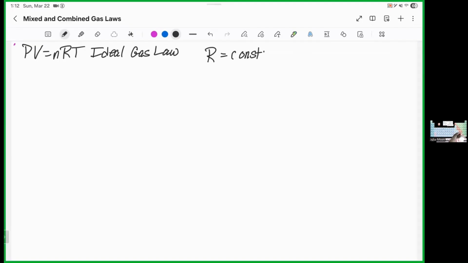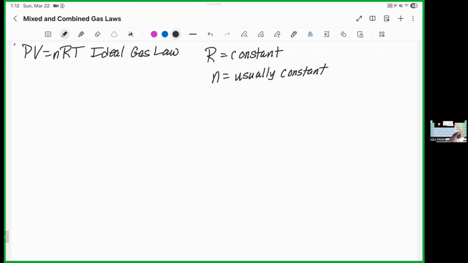That value never changes. N is usually constant, right? In order to change our number of moles, we have to either add gas or remove gas. We typically don't do that, so usually n is held constant. There's one law where it's not held constant, and we'll talk about that, but usually it's held constant.